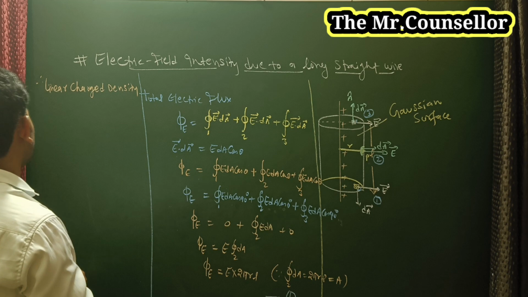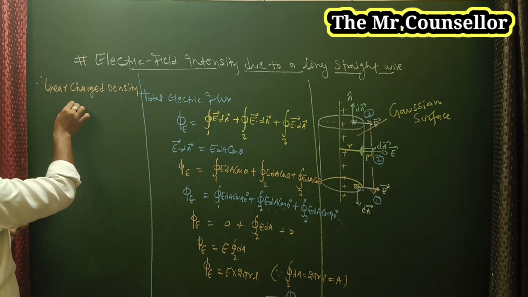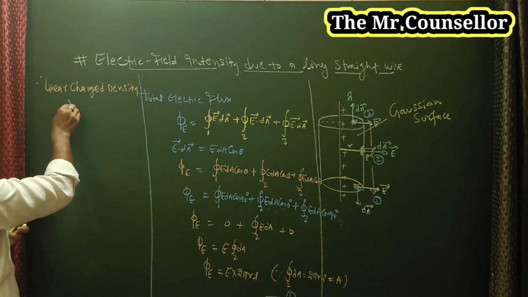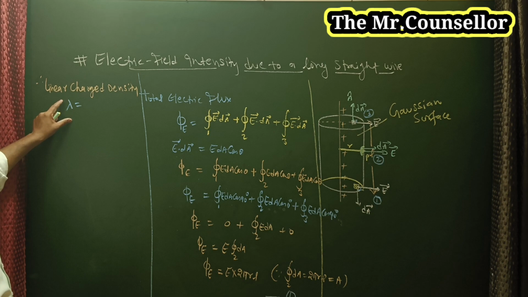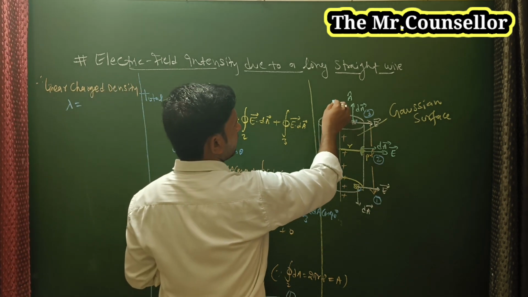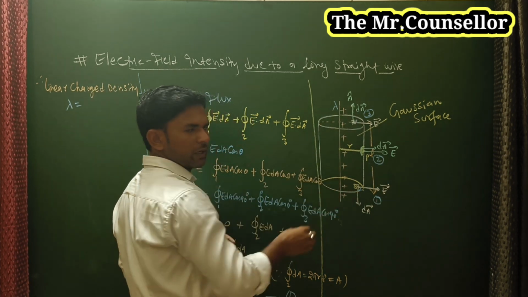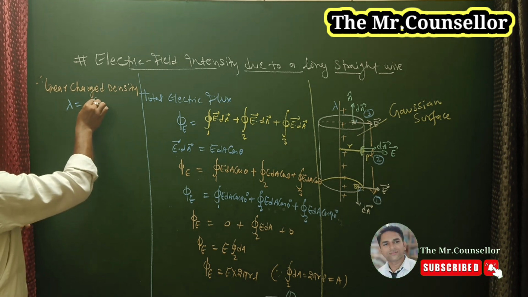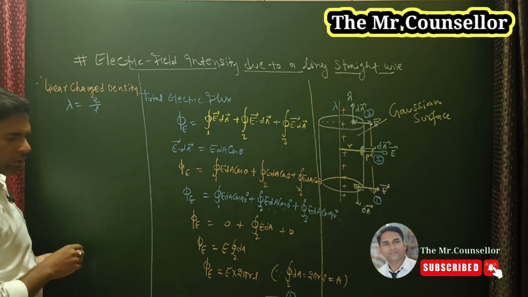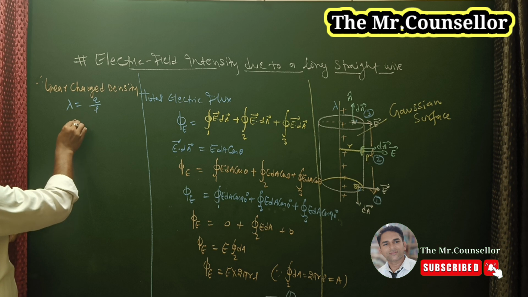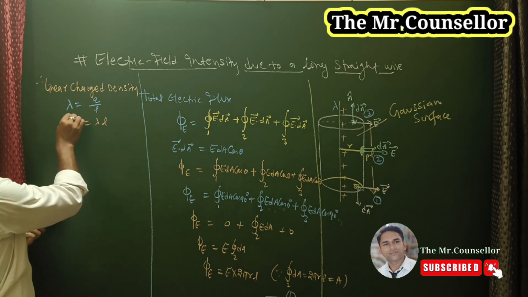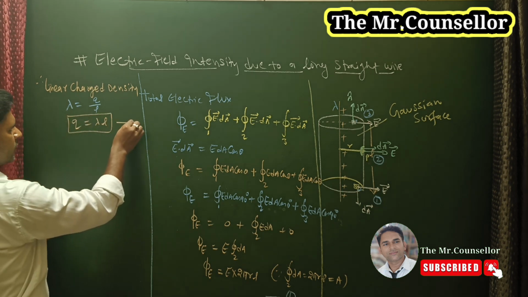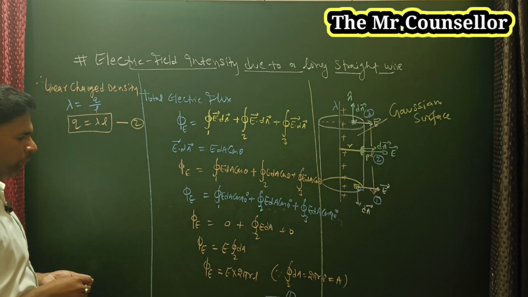Can you tell me the formula? Tell fast. Linear charge density, we give the symbol lambda, means charge per unit length. So you can write lambda is equal to Q over L. Is it okay or not? So Q is equal to lambda L. This you can consider equation number 2.